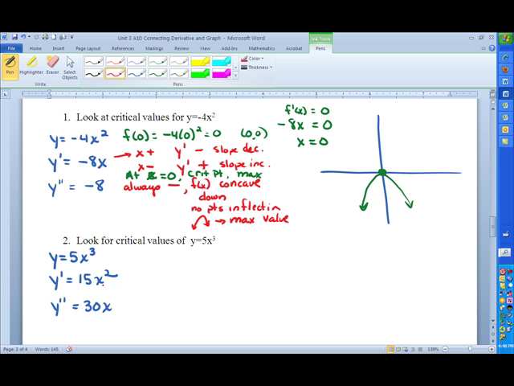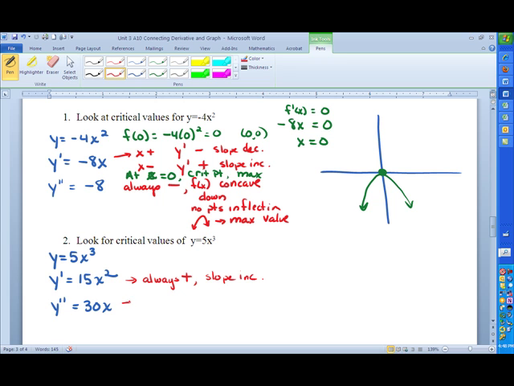First of all, the first derivative, 15x squared, this one is going to always be positive no matter what the x is. And if the first derivative is positive, that tells me my slope is forever increasing. And then the question is, does that mean that we have a max, a min, or a point of inflection? Let's look at the second derivative.